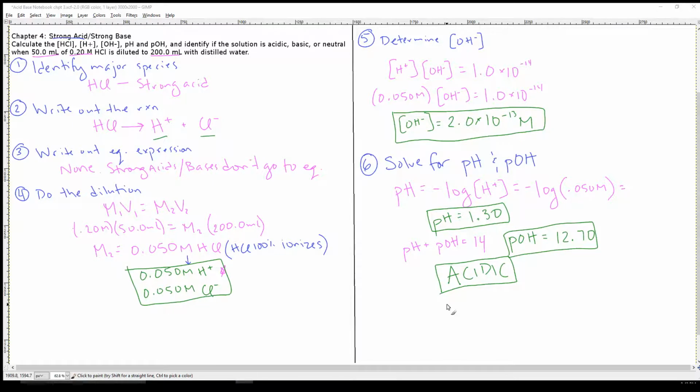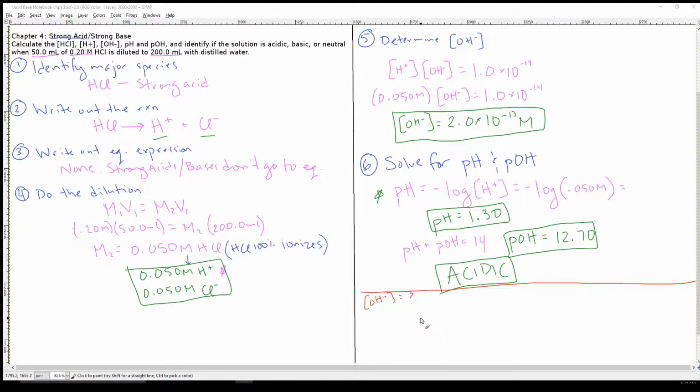Now, if you wanted to know how to solve this equation for a concentration, just take a look at the bottom of this page here. I'll use a different color. I'll use red. So let's say we want to know what is the concentration of hydroxide.